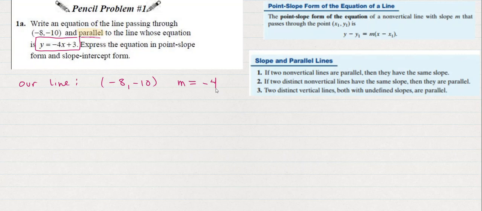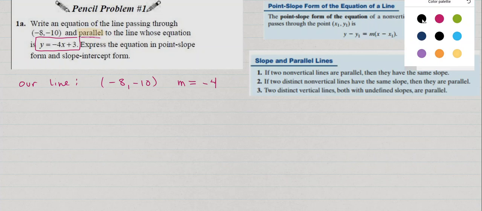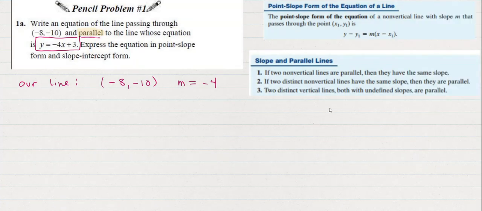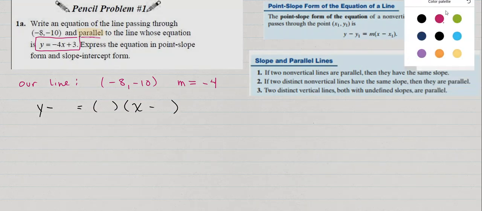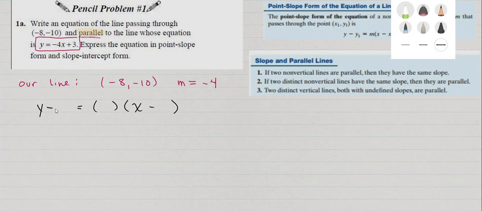Now the second step is to review what we've done in the previous sections, and that's either using the point-slope form of the equation, where we'd say y minus y1 equals m times the quantity x minus x1, and we're going to replace the y with negative 10.